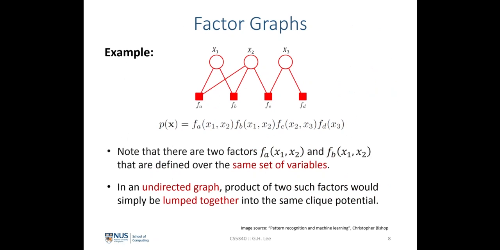Another example would be also a 3-node graph, which consists of 3 random variables, x1, x2, and x3. We can define fA to be a factor that links x1 and x2, and fB to be another factor that links x1 and x2, as well as factors fC and fD that link x2 and x3 respectively.